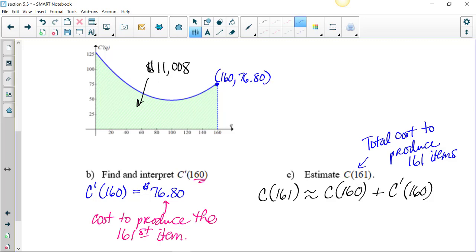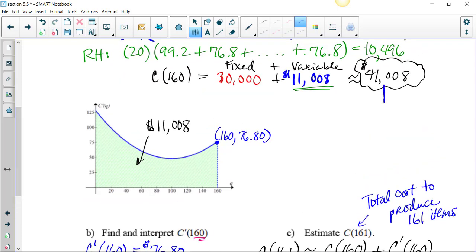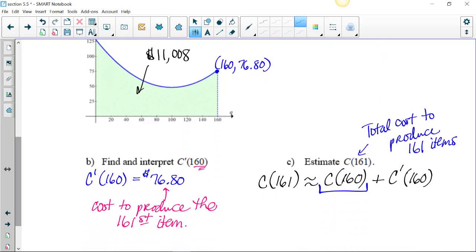I know this one: the total cost for 160 items is $41,008. And the cost to produce the 161st item is $76.80.